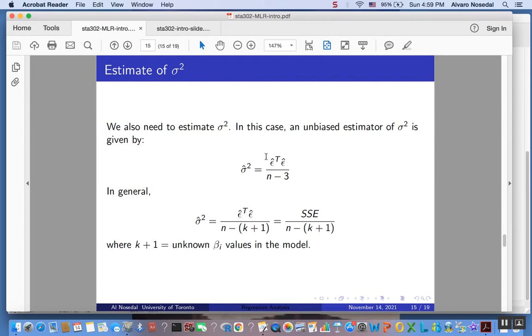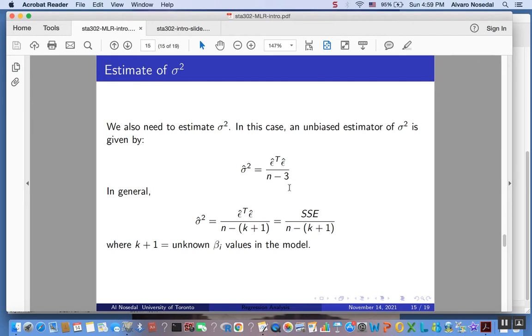Now we know that one way of rewriting SSE using matrix notation is the inner product between epsilon hat and epsilon hat, so that's epsilon hat transpose times epsilon hat. It's just another way of expressing the sum of squares for the error.